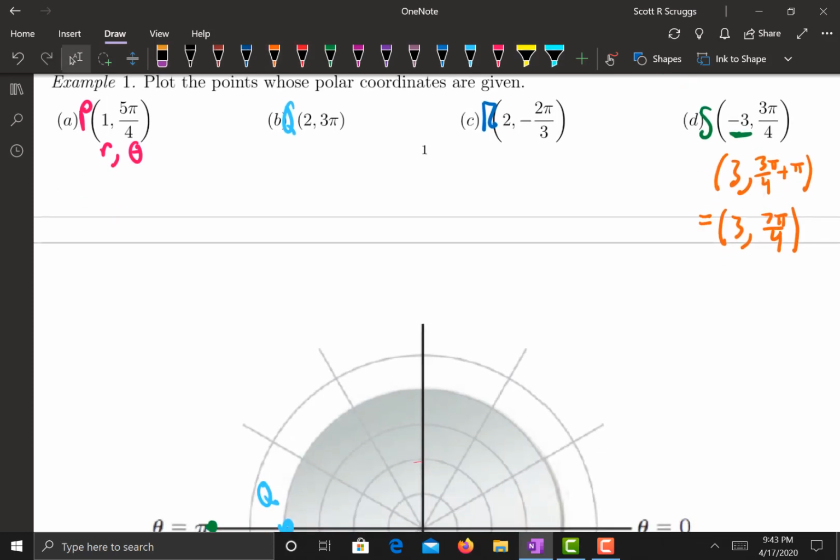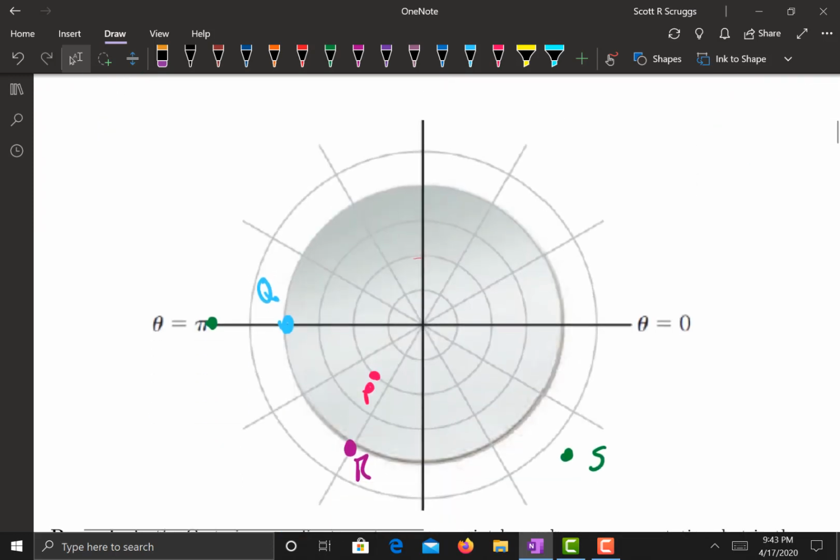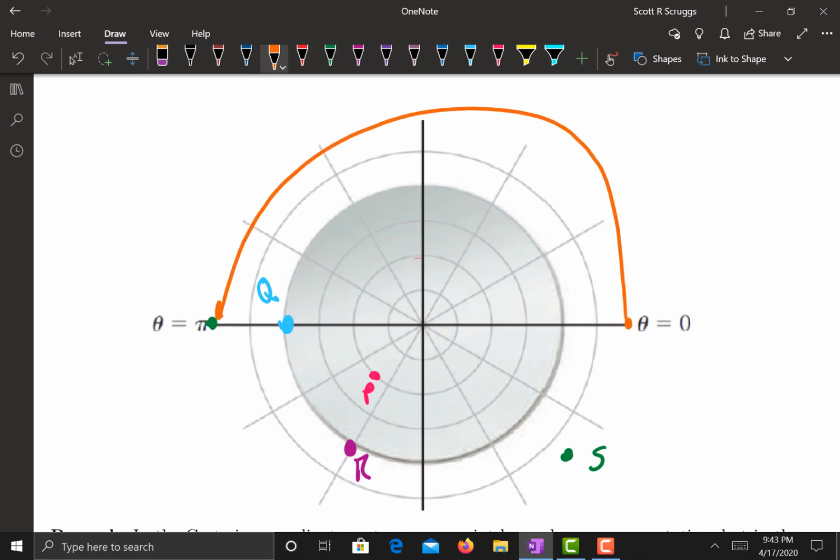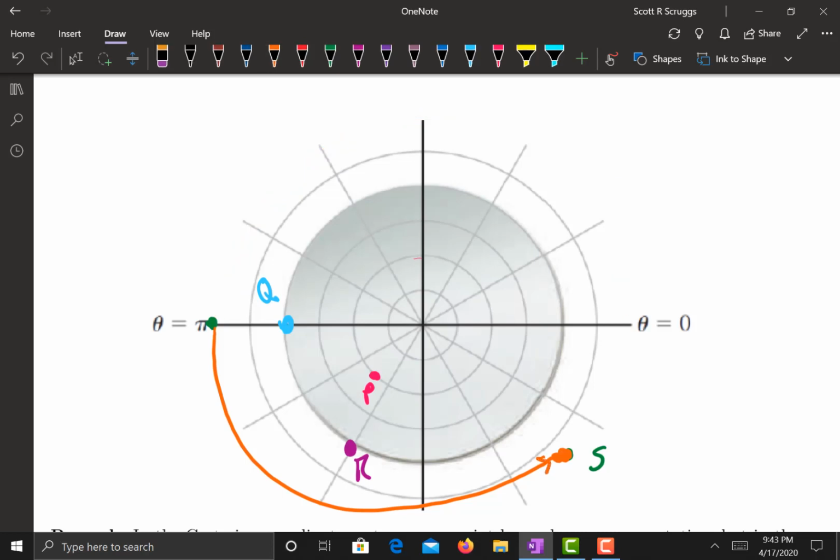So let's see if we land at that same point using that identity. So now I'm going to start off at 3, which will be right here. Rotate pi radians. And then I rotate another 3 pi over 4 radians. And I land at that same point.